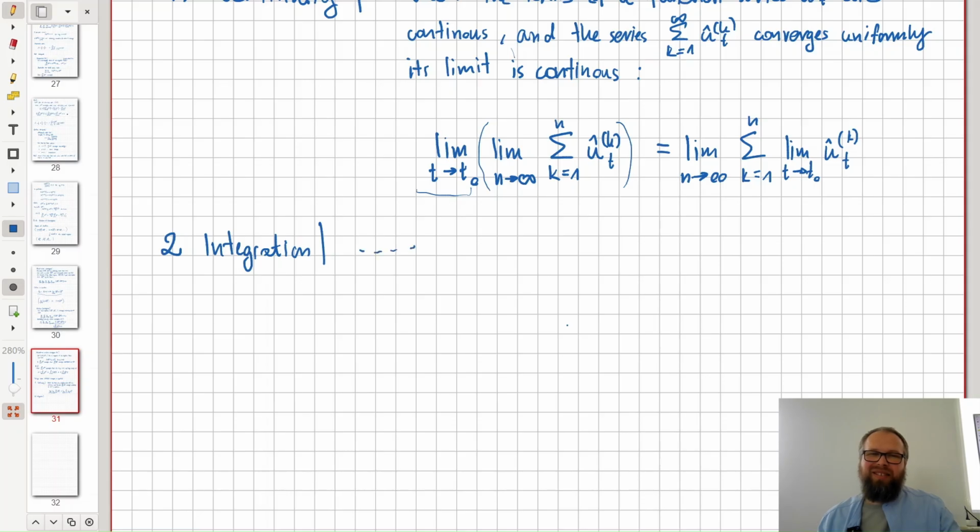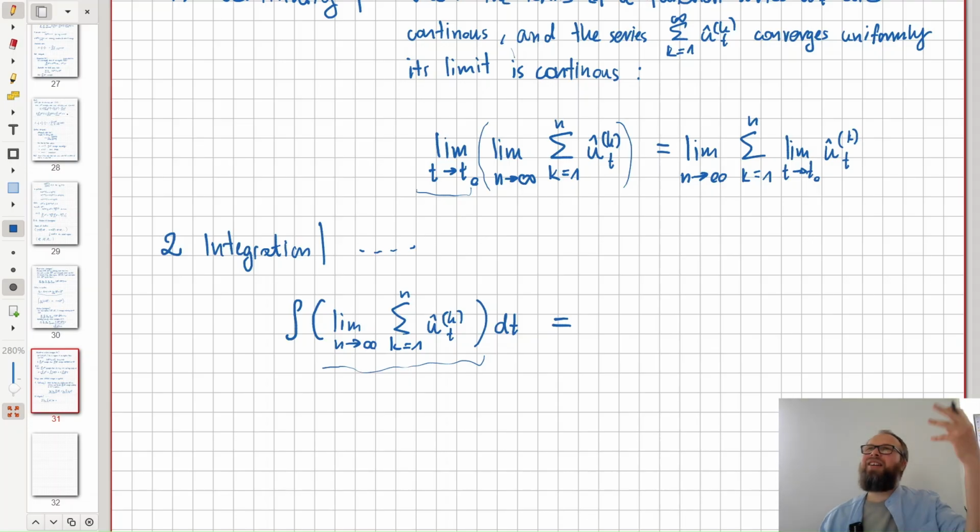imagine that uniform convergence. I wrote here uniform convergence. Then you have another exchange of limits kind of formula. The integral of the limit n to infinity of the sum k=1 to n of u_k(t) dt. So that's something we would be interested in. The integral of our evolution operator, for example, but we don't know how to integrate and take the limit at the same time.